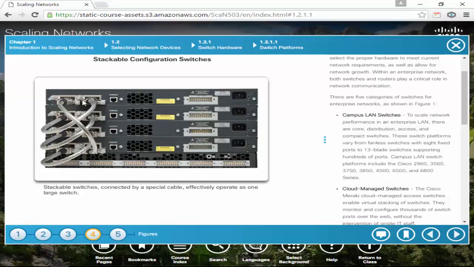It gives you more redundancy because they're all virtualized as one device, and so it cuts down on the amount of IP addresses you have to use to manage your switches, and it gives you a lot of options. Some businesses are actually, instead of going with 6509s or these big expensive switches, getting a switch with a higher switching fabric and stacking them and just using them as their core distribution.